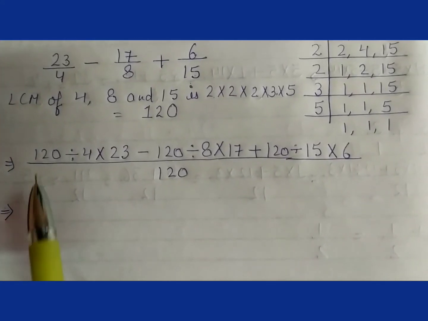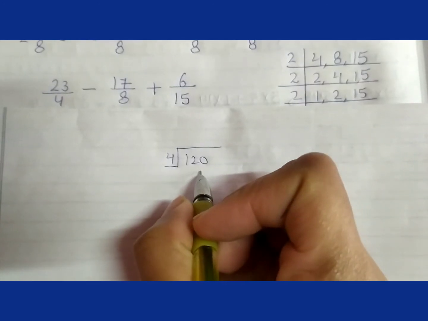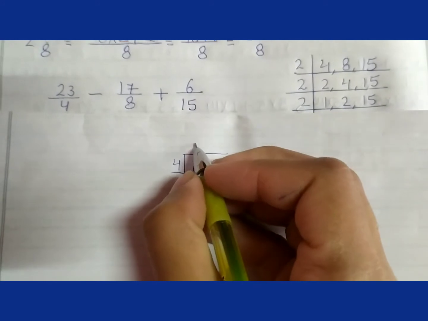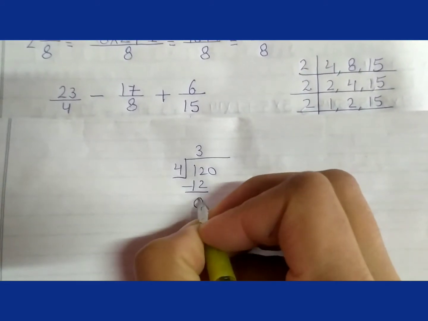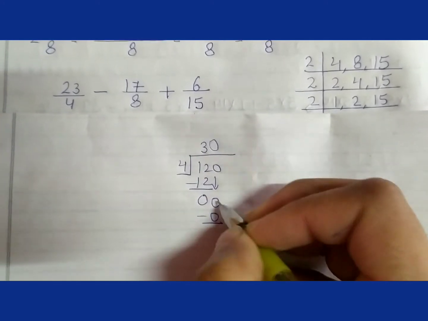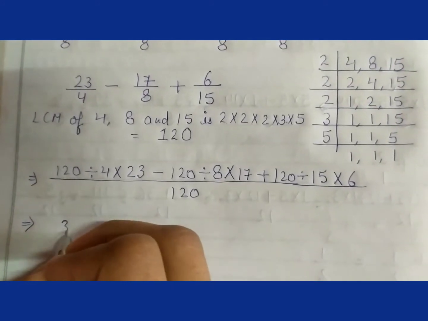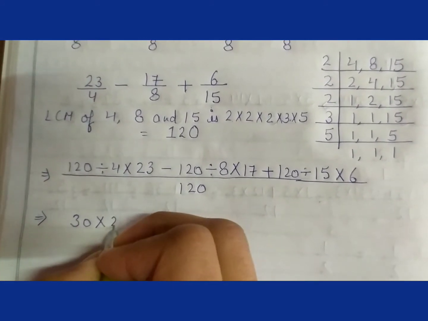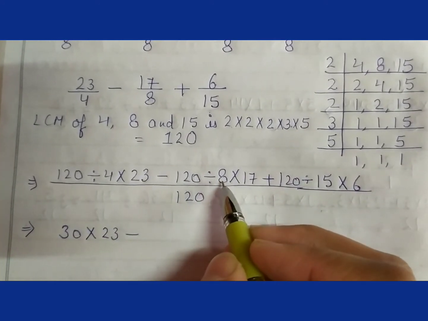Firstly divide 120 and 4. 120 divided by 4. 4 3s are 12. 12 minus 12 equal to 0. Write down 0. 4 zeros are 0. 0 minus 0 equal to 0. Your answer is 30. Write 30 multiply 23, subtract 120 divided by 8.